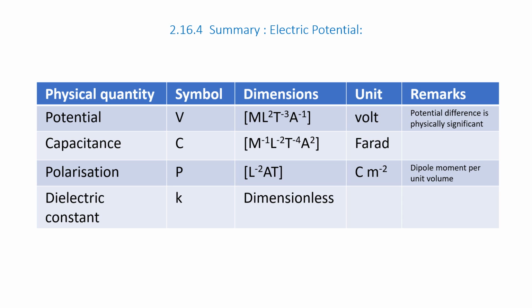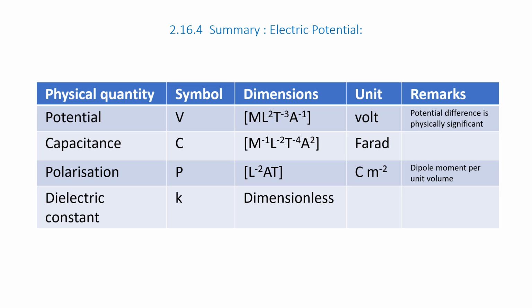Capital P is the symbol of polarization and its dimensions are L to the power of minus 2 A T, and its unit is coulombs per meter squared. It is nothing but the dipole moment per unit volume.